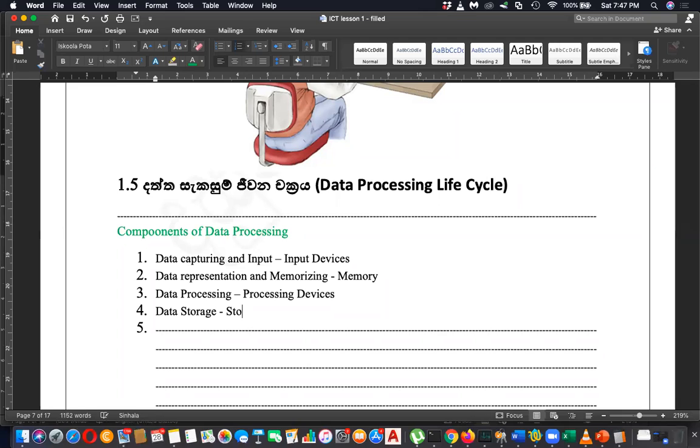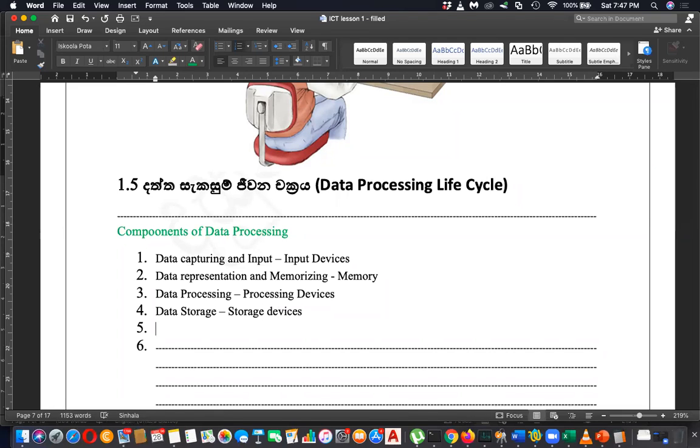That is storage devices. Then, yes, data or information presentation. That is where output devices play their role.